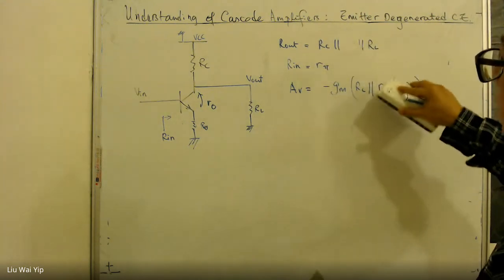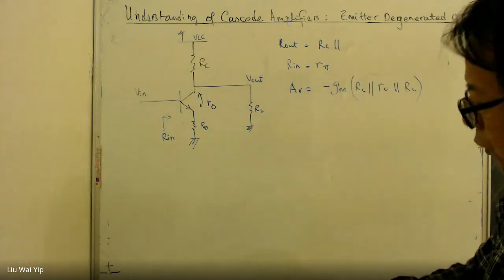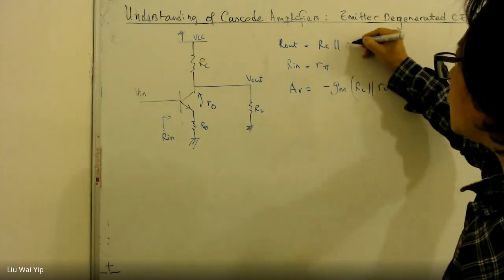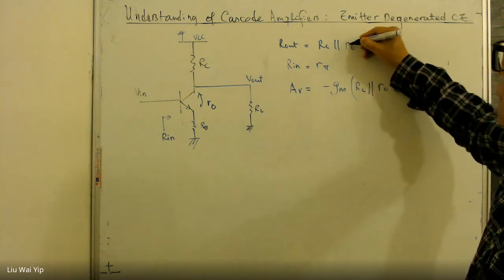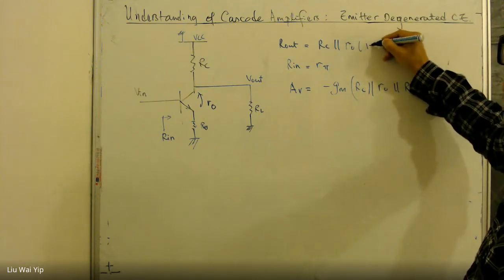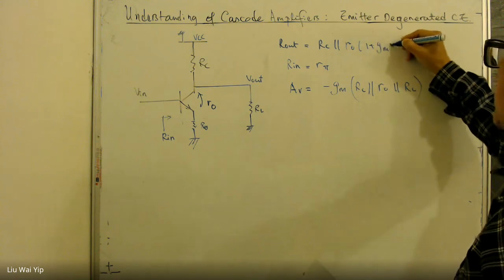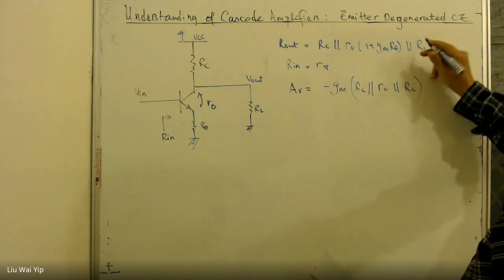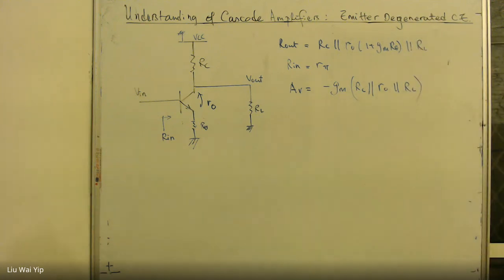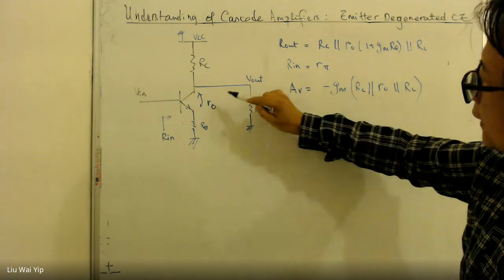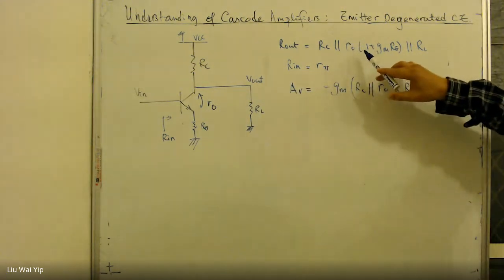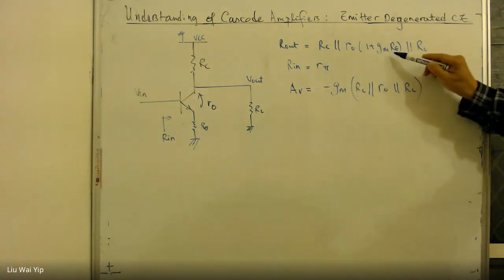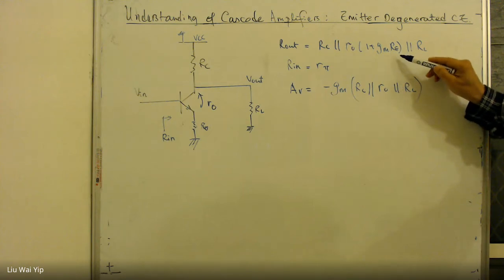Instead, the middle term will be RO times 1 plus GMRE, and then in parallel with the output resistance. So in essence, RO here will be scaled upward by this amount, 1 plus GMRE.